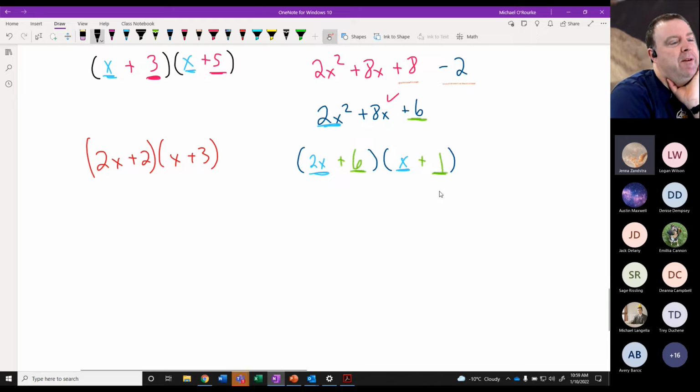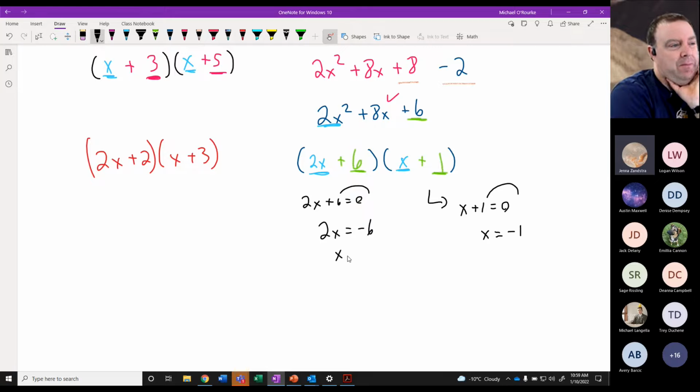Because the cool thing happens if, what's my zero of this one? Well, x plus 1 equals 0. Move that over. My 0 is -1. On this one, 2x plus 6 equals 0. 2x equals -6. Divide by 2, x equals -3. So my zeros here are -3 and -1.